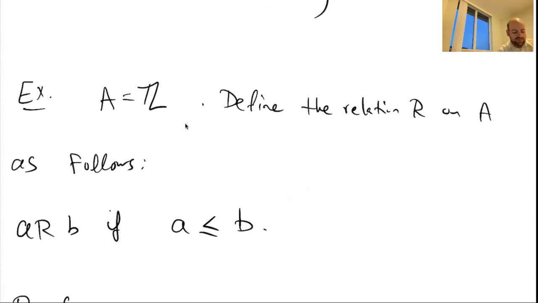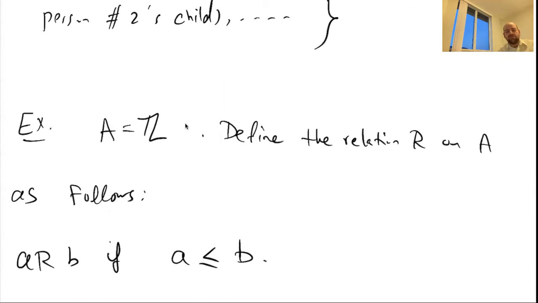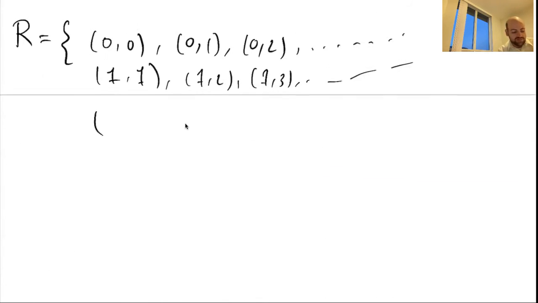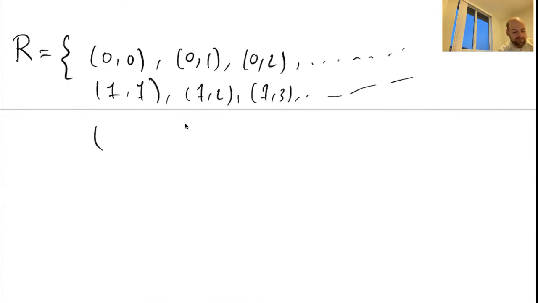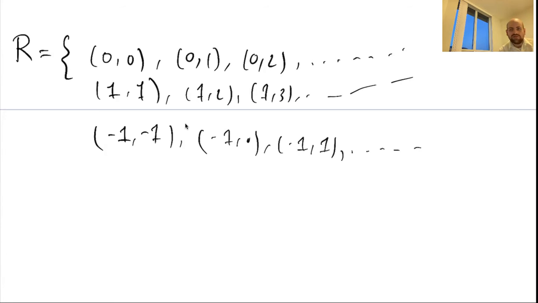Or for example, because I'm defining A to be Z, the first coordinate is allowed to be -1 as well. So if the first coordinate is -1, then the second coordinate could be -1 again, or 0 or 1, and so on, right?